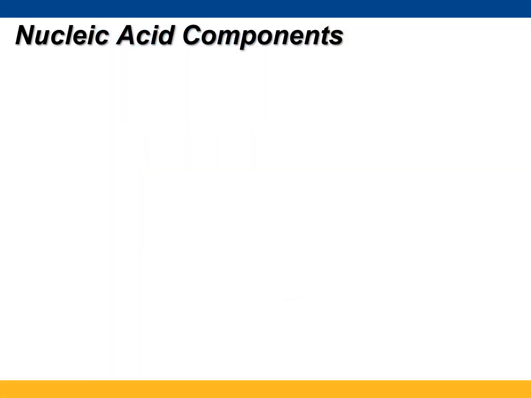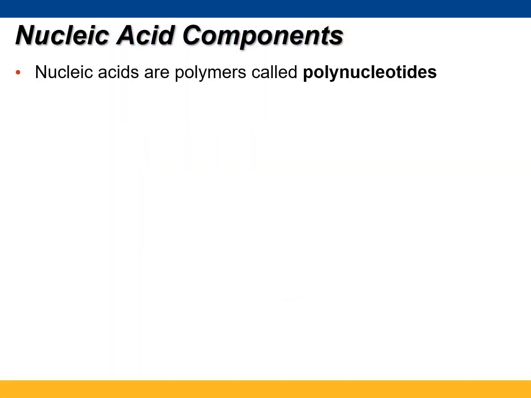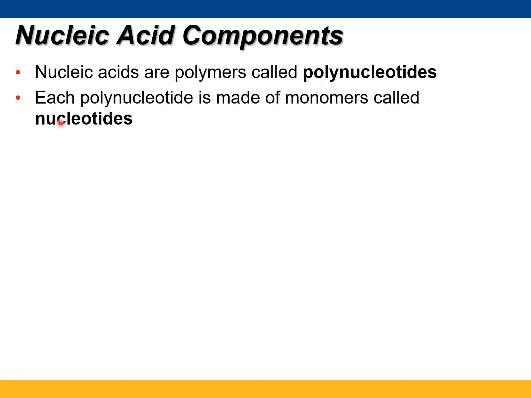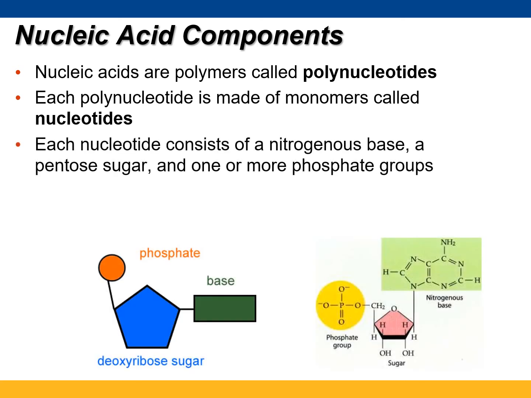So the components of nucleic acids. Yes, they are called polynucleotides, but nobody ever uses that word, but here we are. That is to say that they are polymers of nucleotide monomers. Nucleotides include a nitrogenous base, just depicted as base here as a square, a 5-carbon sugar, and I'm sorry this doesn't have an oxygen here, but there should be an oxygen right where my laser pointer is right now.